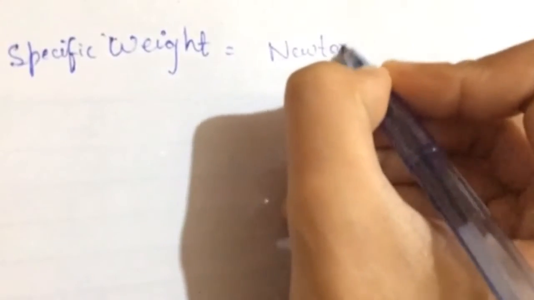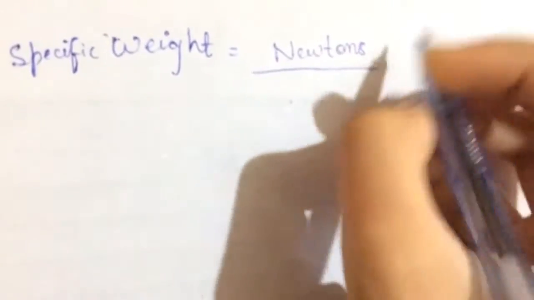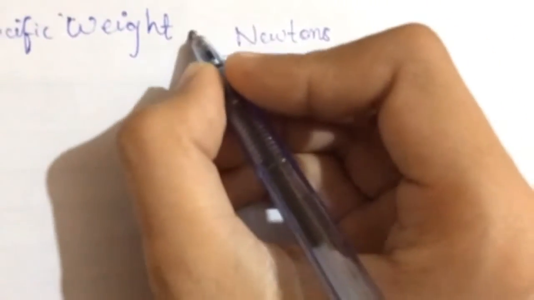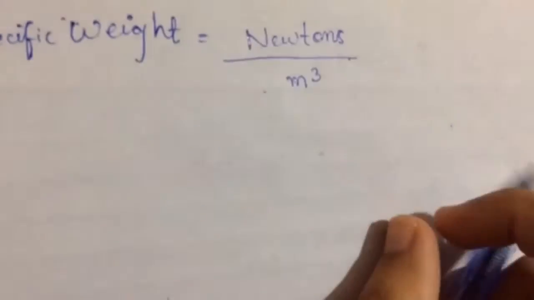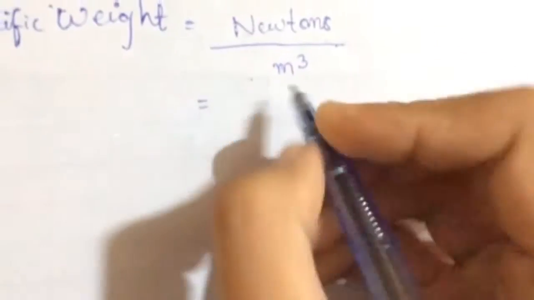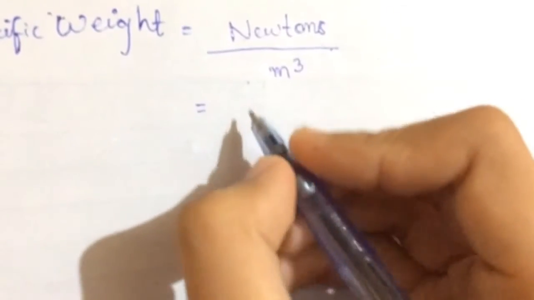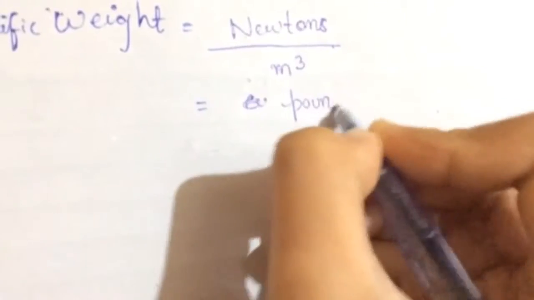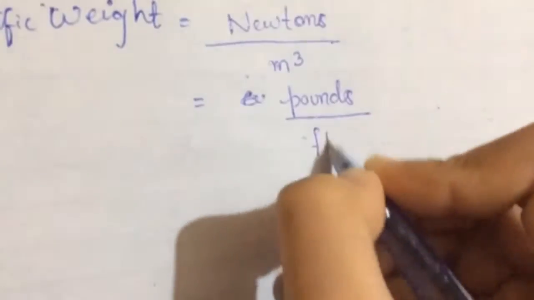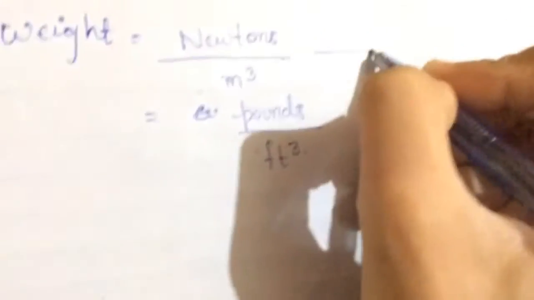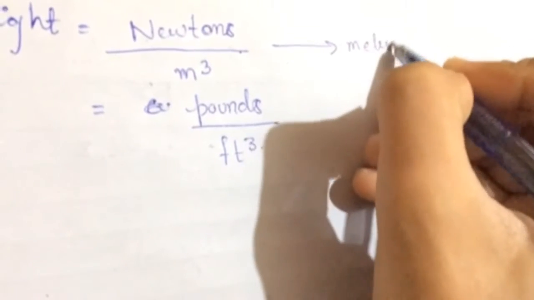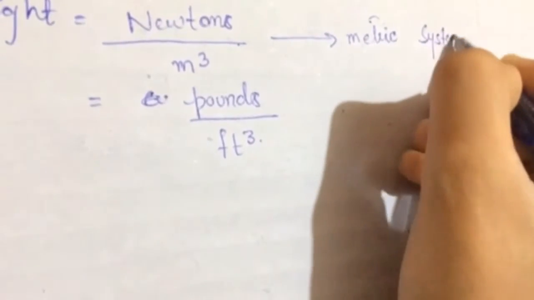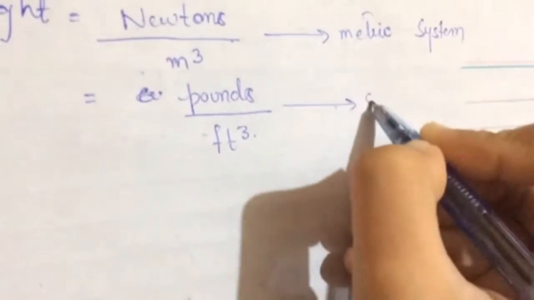Newton is the unit of weight, divided by cubic meter for volume. That is in the metric system, and in the English system we consider pounds per cubic foot. Pounds per cubic foot is considered the English system.